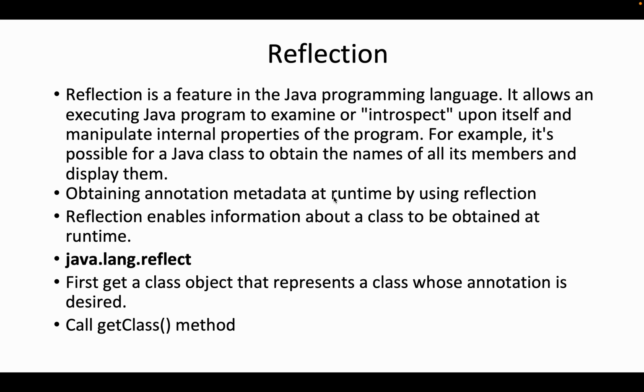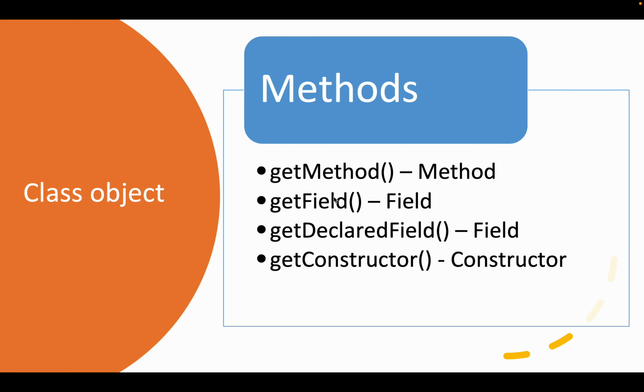You can call the getClass method. The class object will then give you these methods: getMethod, which will return the method type, getField, which will return the field, getDeclaredField, which will also give the field, and getConstructor, which will give you the constructor. There are other methods that you can find.